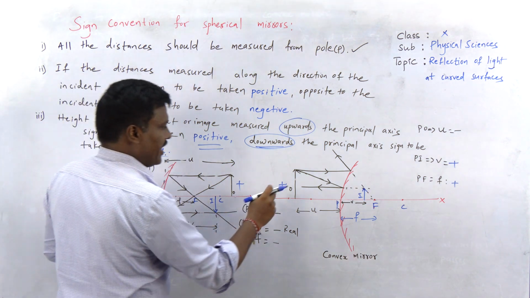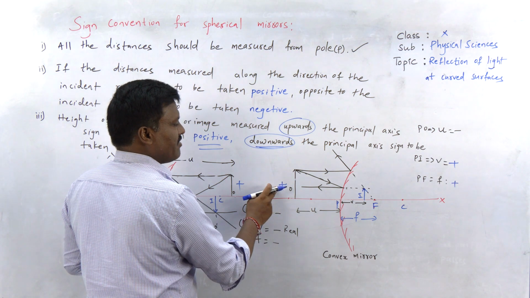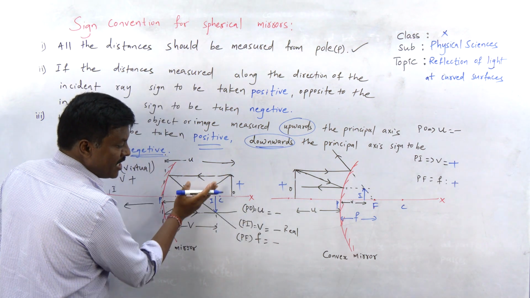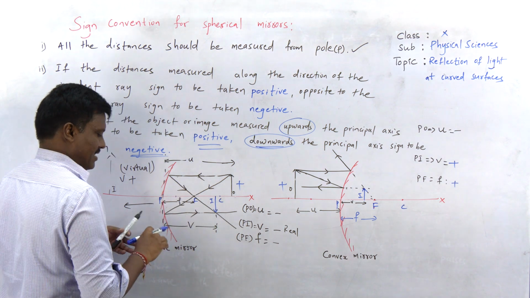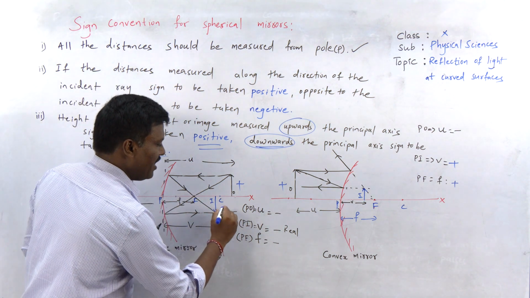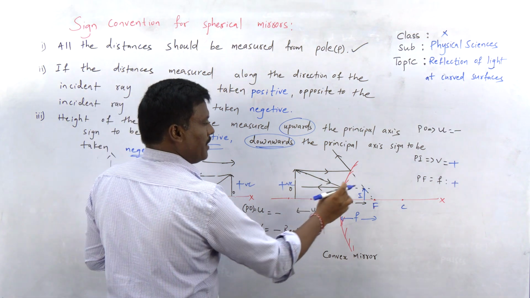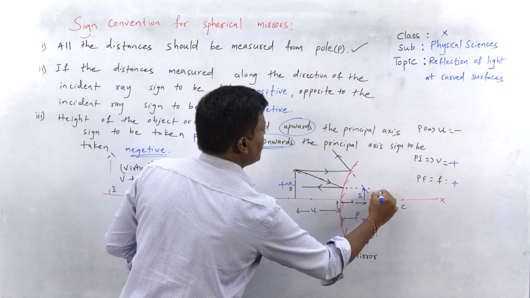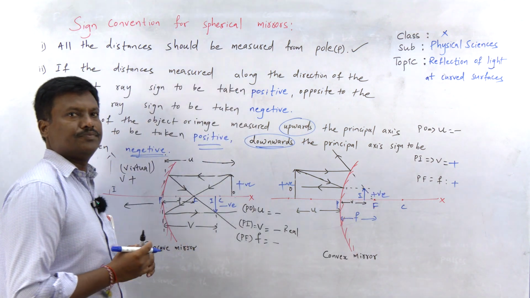Here the object is above the principal axis, that is why positive. Here also the object is above the principal axis, that is why positive. But here the image is downward, below the principal axis, then the sign is to be taken negative. But here the image is above the principal axis, that is why the sign is to be taken positive.